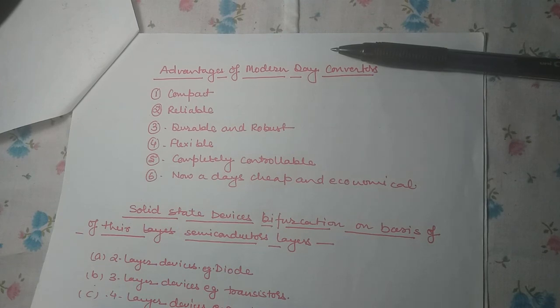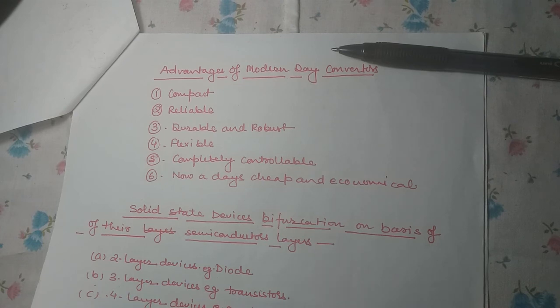Now, on the basis of their semiconductor layers, solid state devices are mainly divided into three categories. The first category is two-layer devices, which comprise power diodes.